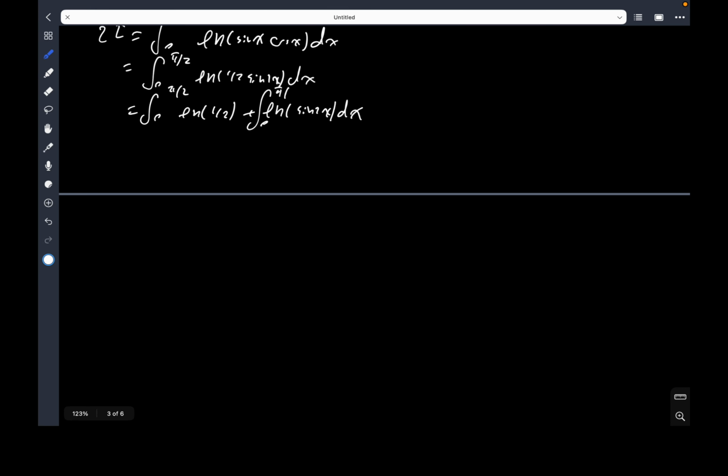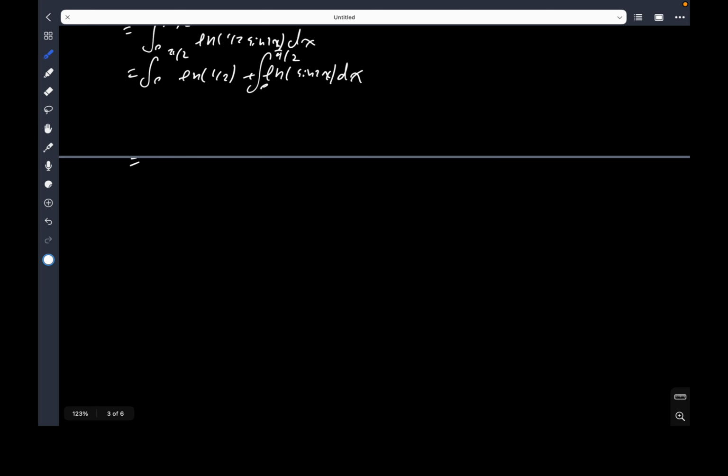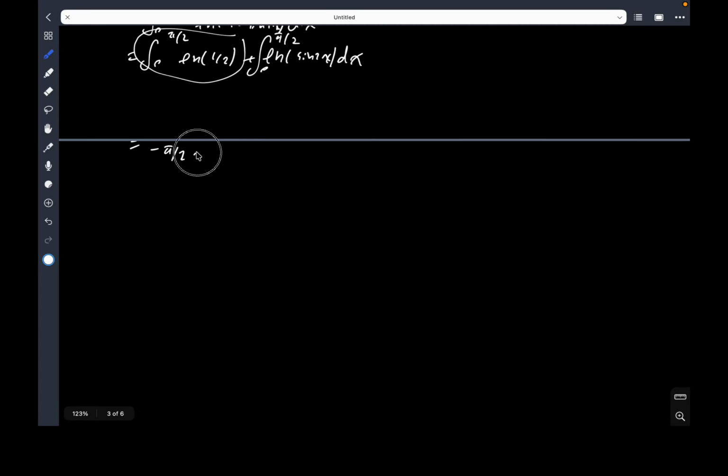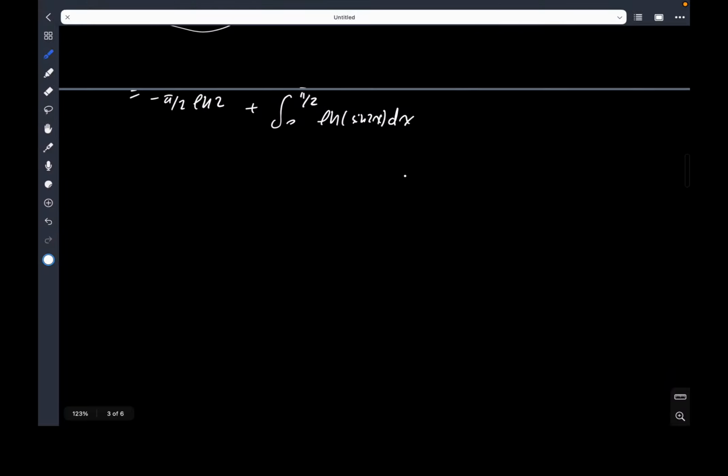So if you calculate this integral, it's going to be negative pi over 2 ln 2, it's not hard to see, plus the integral from 0 to pi over 2 of ln of sine 2x dx. This is equal to 2I.